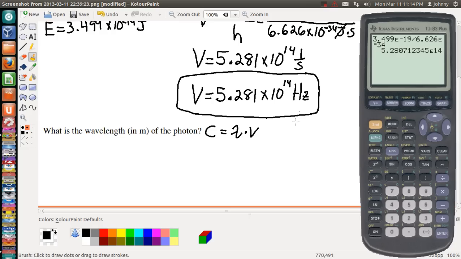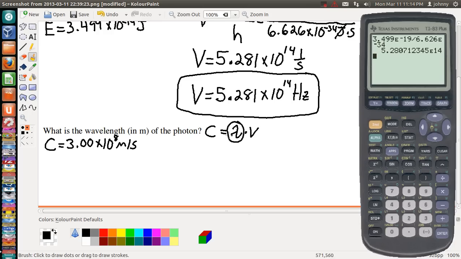Now, remember that the speed of light is a constant. Okay, so the value of C is always 3.00 times 10 to the 8th meters per second. Now remember, they're asking for the wavelength in meters, so they want this.